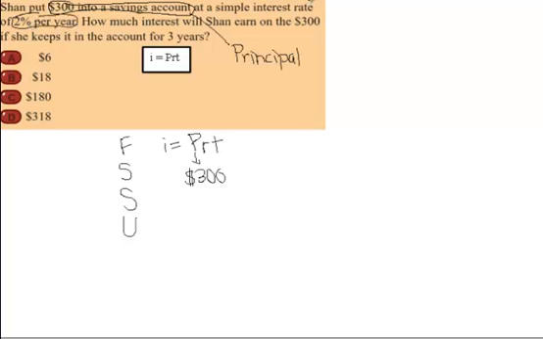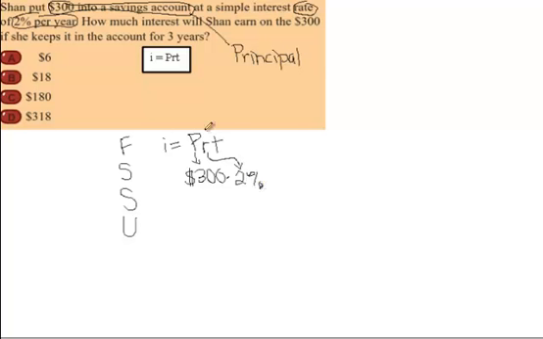So, the rate is R. So 2% is our R for this problem. So right now it's $300 times 2%. Sorry, it's ugly, Kipsters. Deal with it.